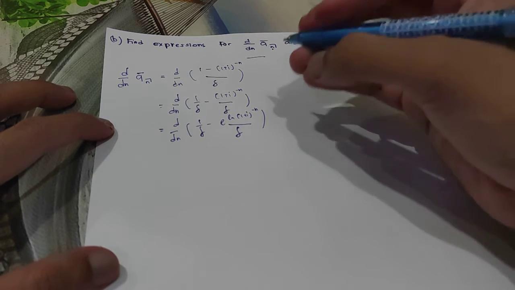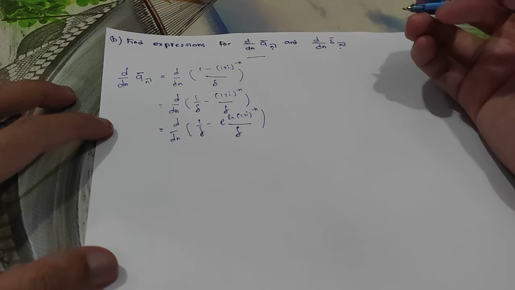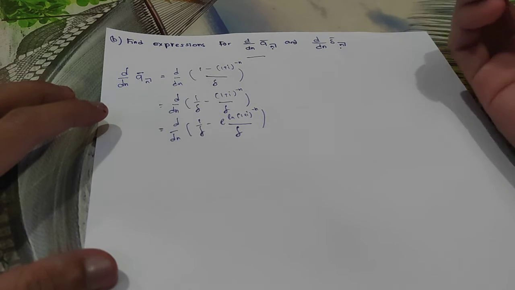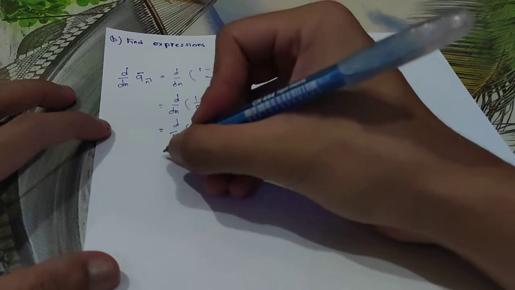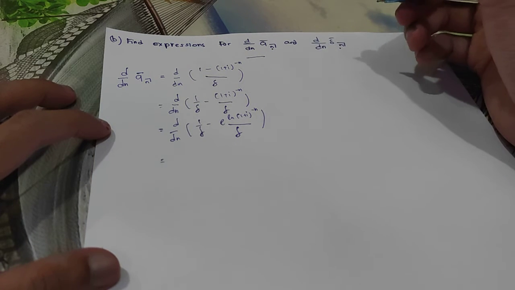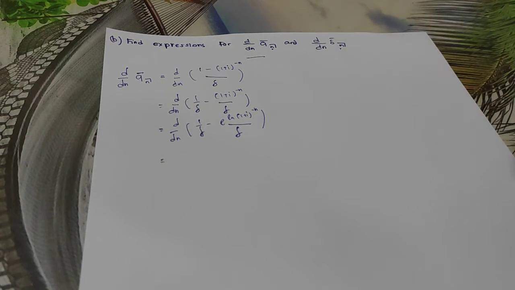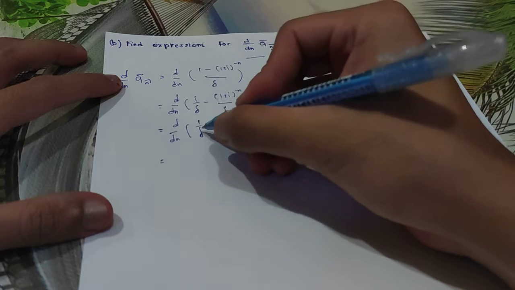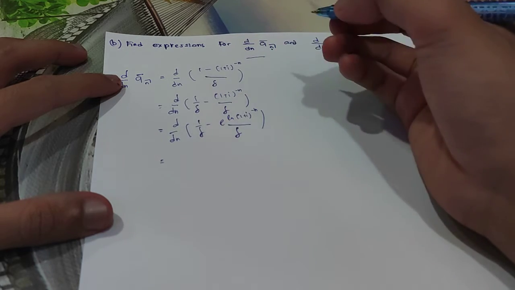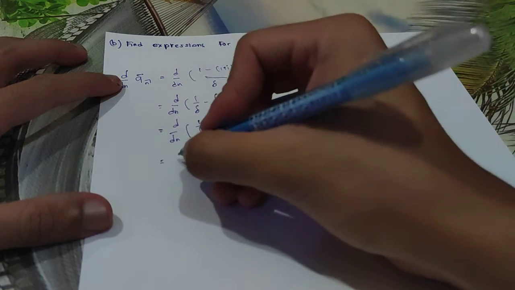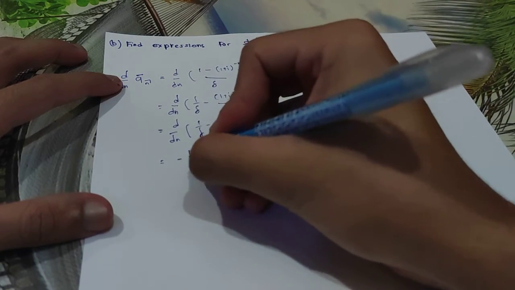It makes it more convenient for us to solve. After we get this equation, we differentiate it. This will turn out to be 0, and this will be like this.